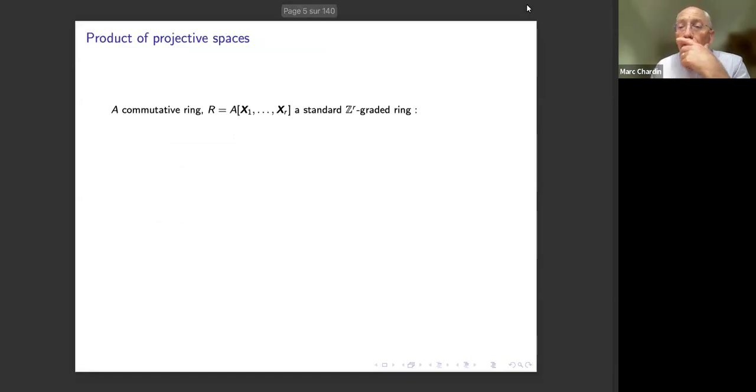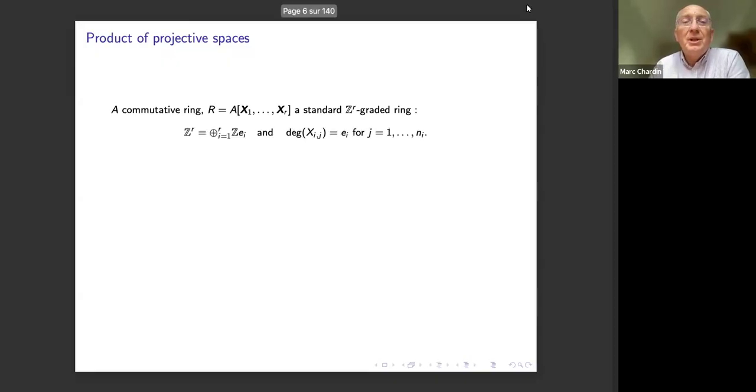Okay, so let's start. Products of projective spaces: at least at first, the second part will be more illustration, it will be over a field, but for general purposes you can work over basically any commutative ring, and you consider a multigraded polynomial ring, or standard graded.